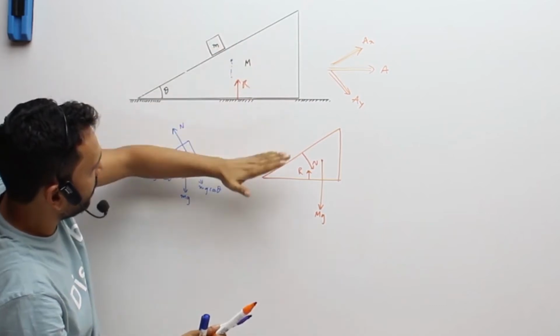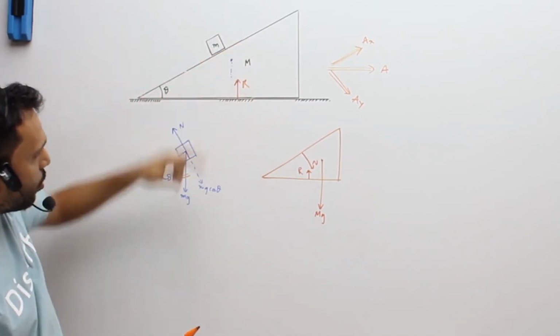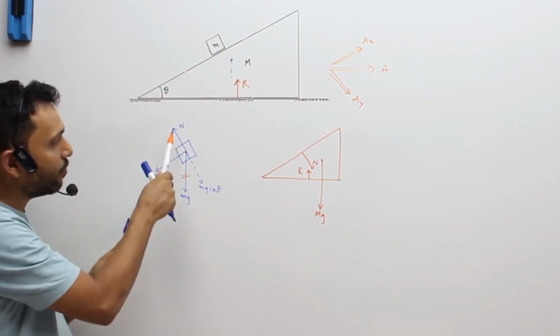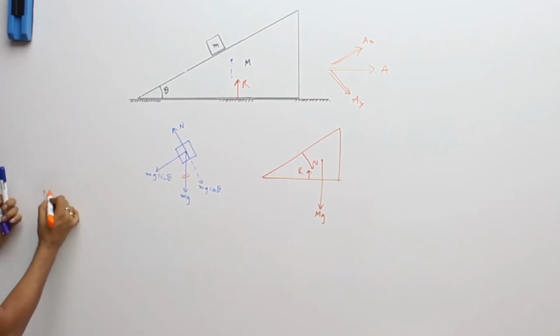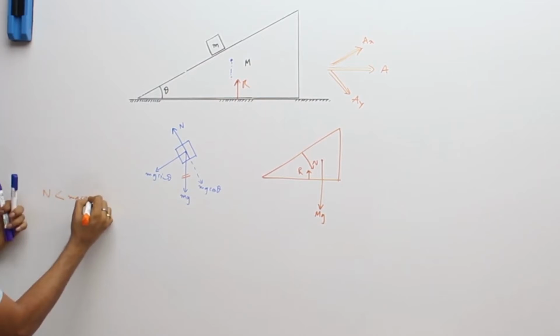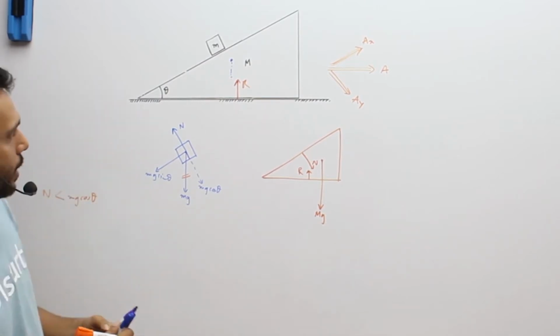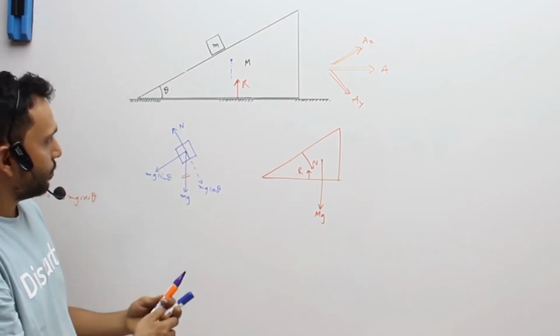But if the wedge is going in, if the wedge is going like this, then it is trying to leave the contact. The N will become less. So what we have figured out is N will be less than mg cos theta. So our equations should show that. So I think we are all set to make the equations.